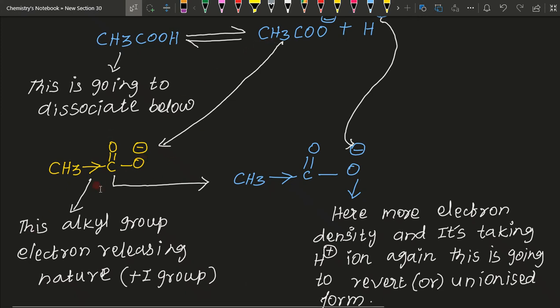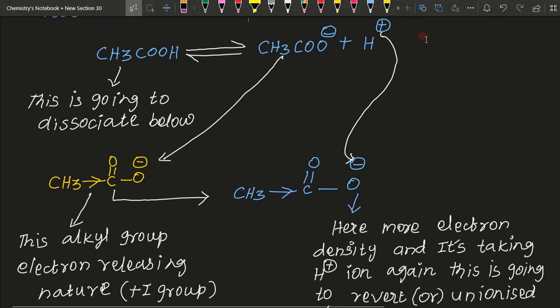Here CH3 C double bond O minus. Here this H plus ion is going to attack this O minus ion. This alkyl group is electron releasing in nature, so it is a plus I group.